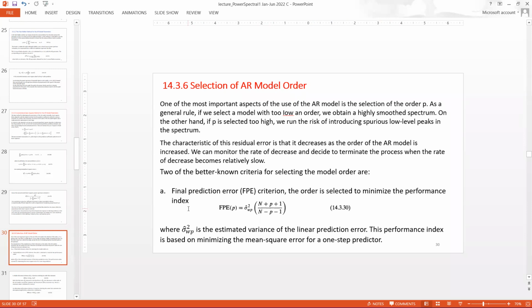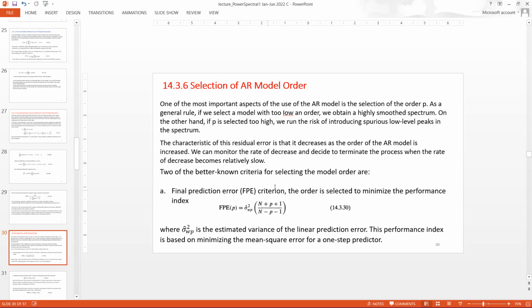So performance index টাকে আমরা minimize করা মানে হলো optimum করা. So this final prediction error FPE(p) equal to this expression, that number 30. যেখানে আমাদের sigma caret square wp is the estimated variance of the linear prediction error.